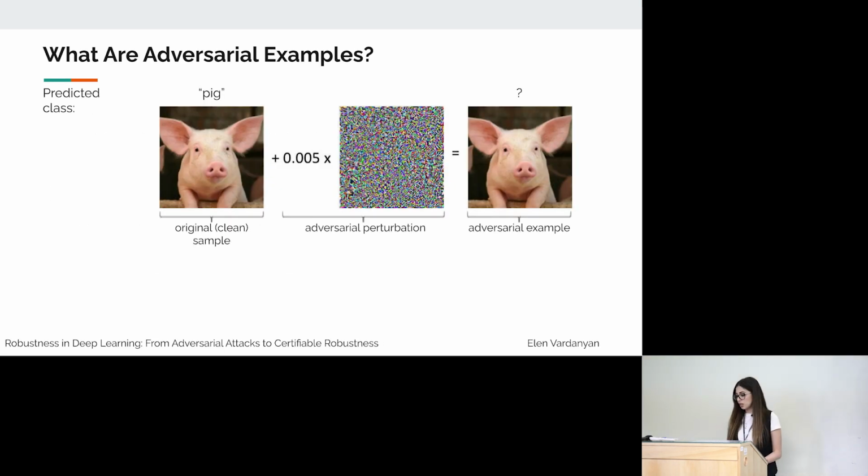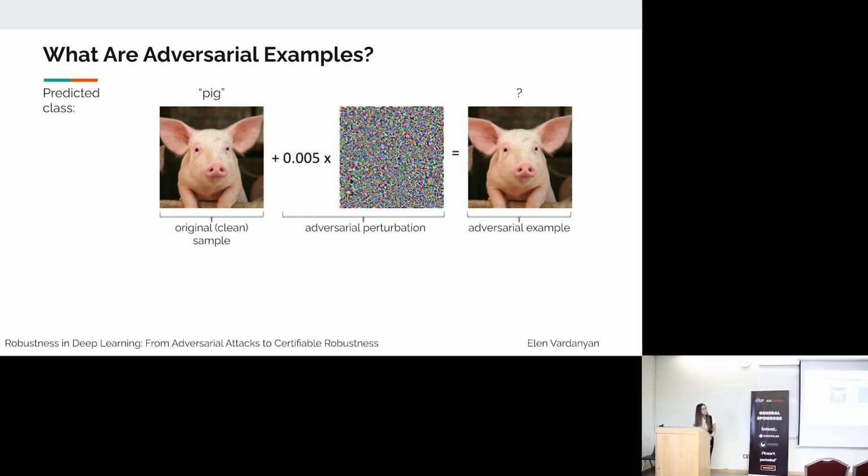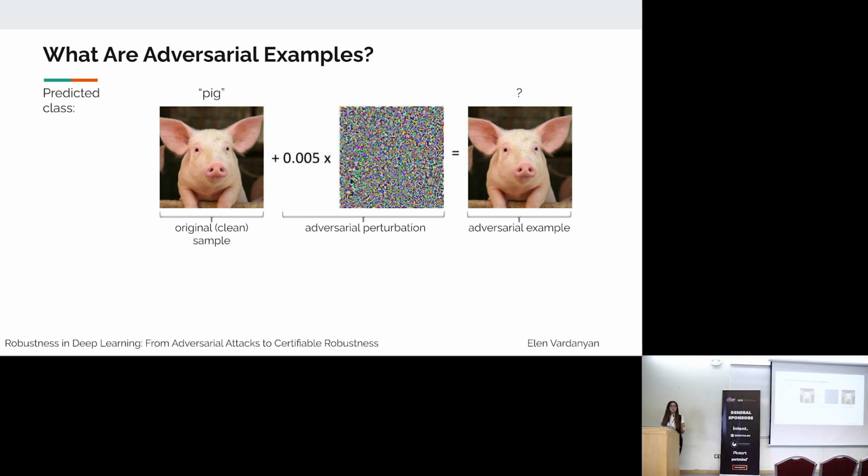What are adversarial examples? Let's look at this image of a pig, which we, for example, give to our neural network model. And well, we hope and we actually do get the prediction of pig, which is the correct one.